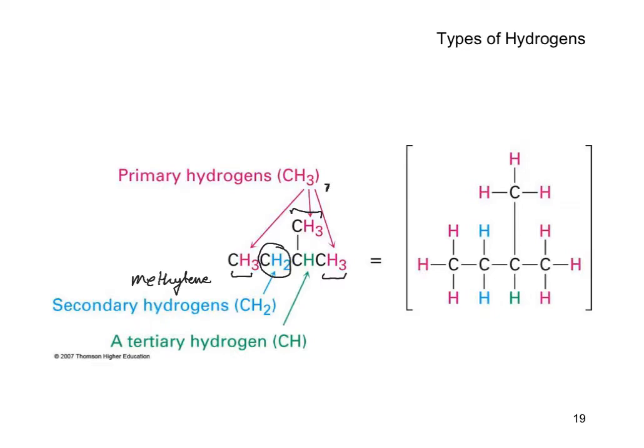So CH3s are methyl, CH2 is a methylene, and the CH is a methine. It's a little bit of jargon there. So a tertiary position, also called a methine, CH2, again, a methylene, and CH3s will be the methyl group.